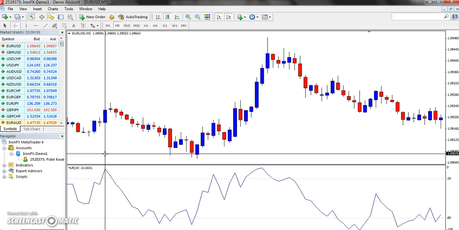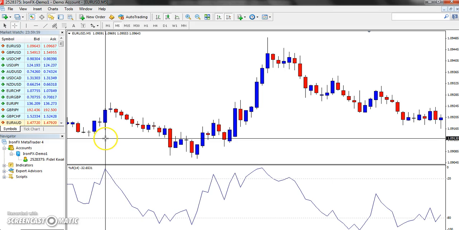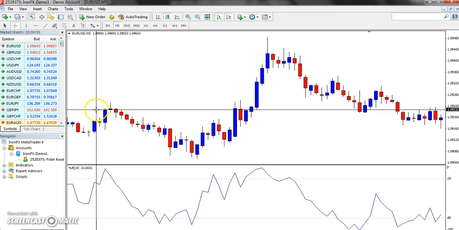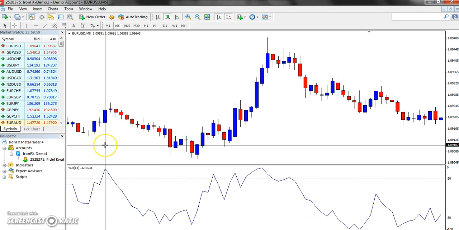So the asset has been overbought, meaning that there's a lot of demand for it, and as a result there's so much supply of the asset. Given the fact that there's so much supply due to the high demand, this has caused the price of the asset to rise to this point.